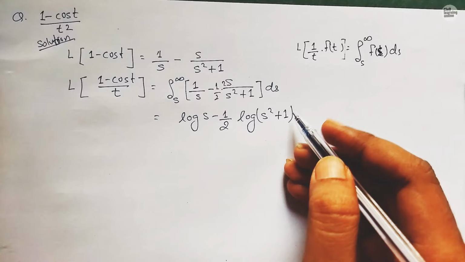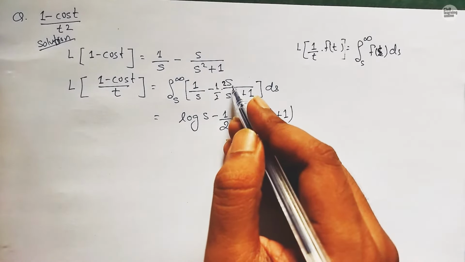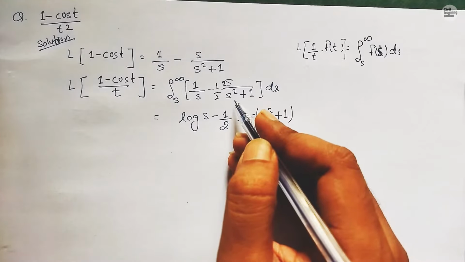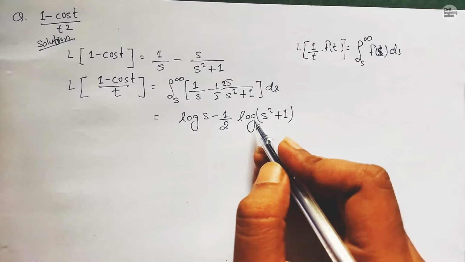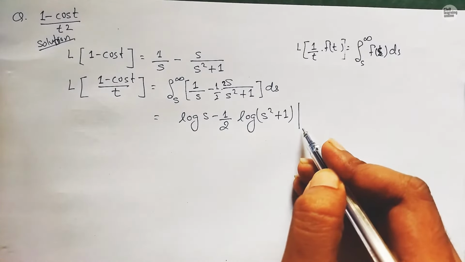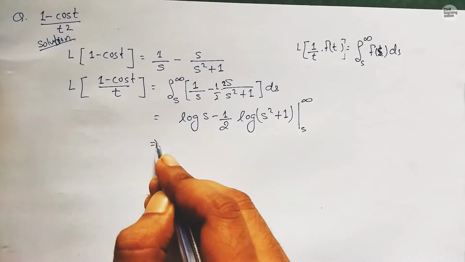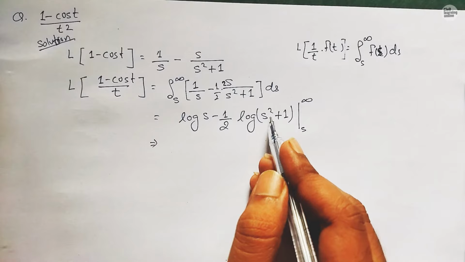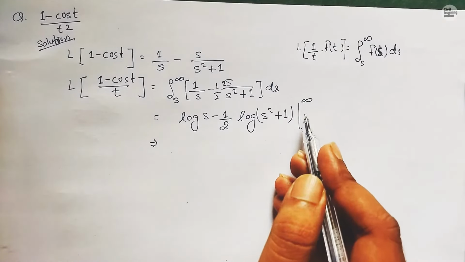That is the same concept I did in the previous example: when the numerator is the derivative of the denominator, meaning the denominator carries its derivative, then it gives the log form, and that is a rule of integration, and we have to put the limit from s to infinity. So again we have to remove this s square, cancel out one s square so that we will be able to put this limit.